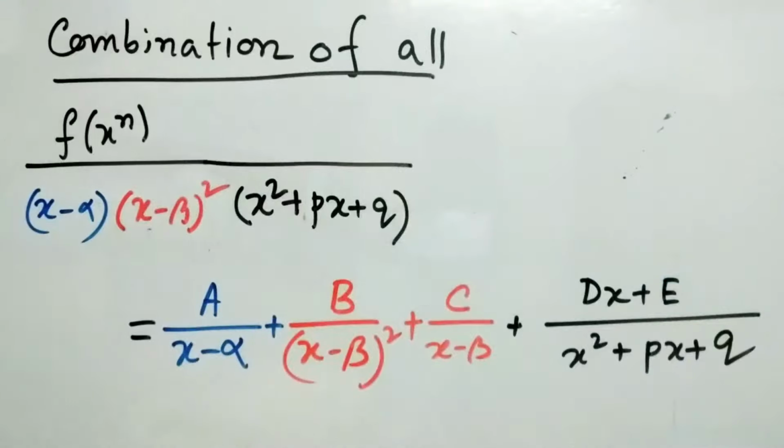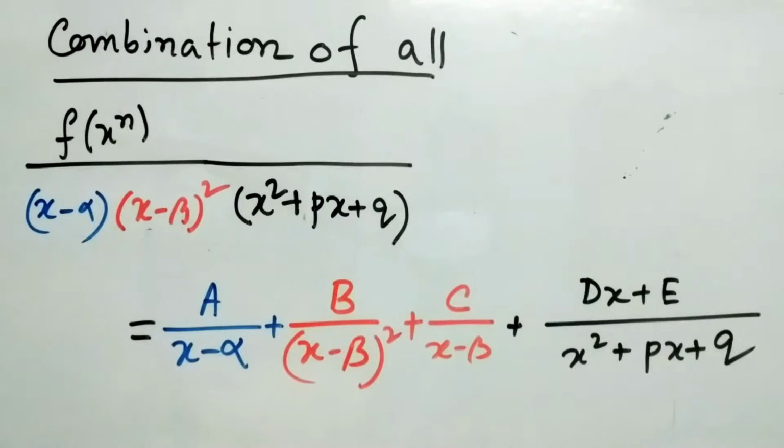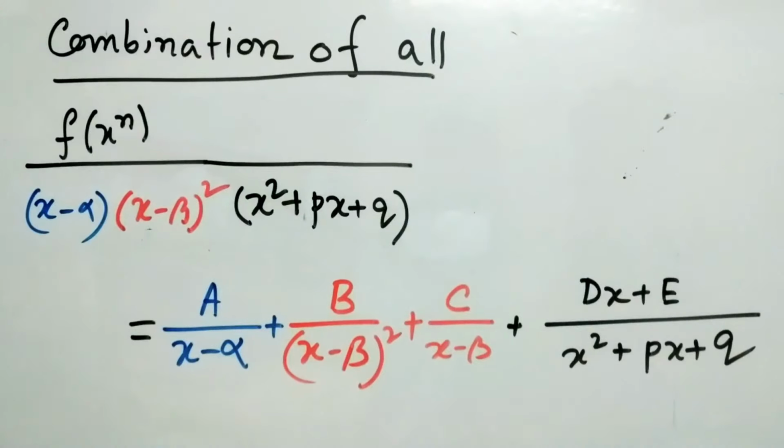Now this is the combination of the three forms. Here the denominator has the non-repeating factor x minus alpha, the repeating factor x minus beta whole square, and the quadratic function x square plus px plus q. For the blue one, which is the non-repeating factor, we will take a by x minus alpha.